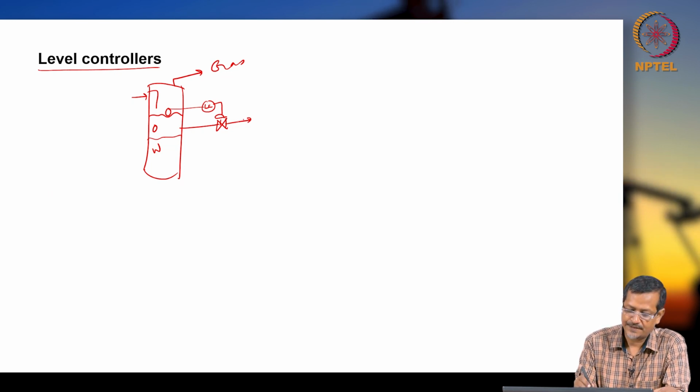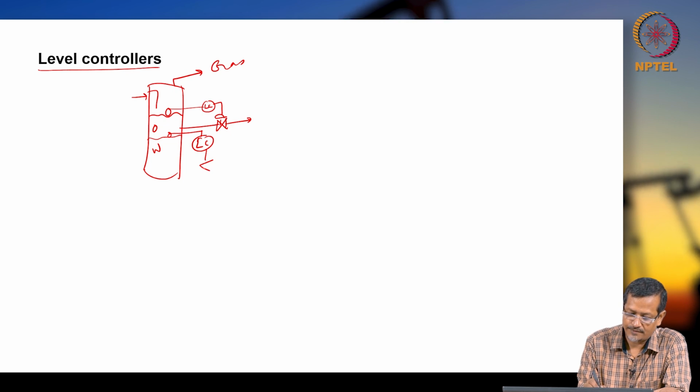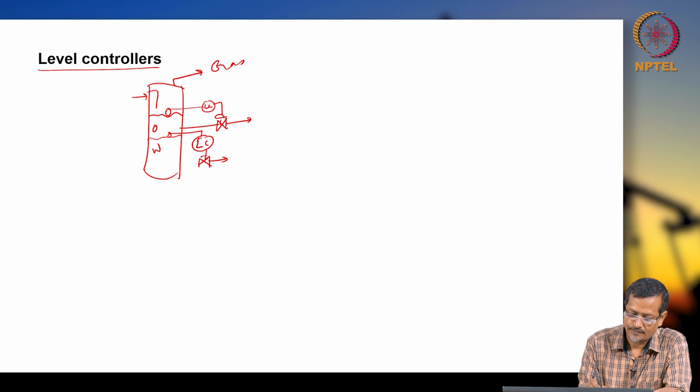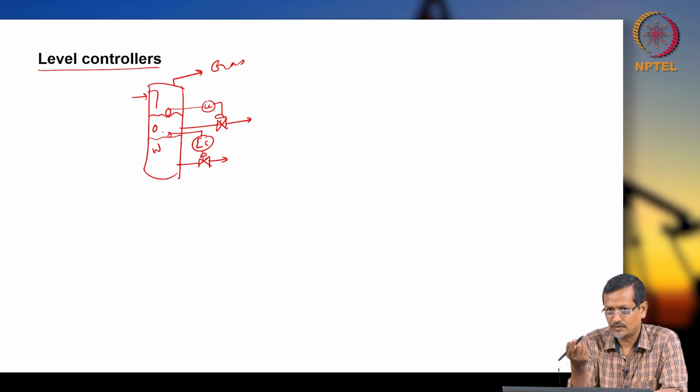This is the simplest design. Again, for water also you will have a similar level controller and dump valve, so water goes out. This is the normal simple interface level controller.